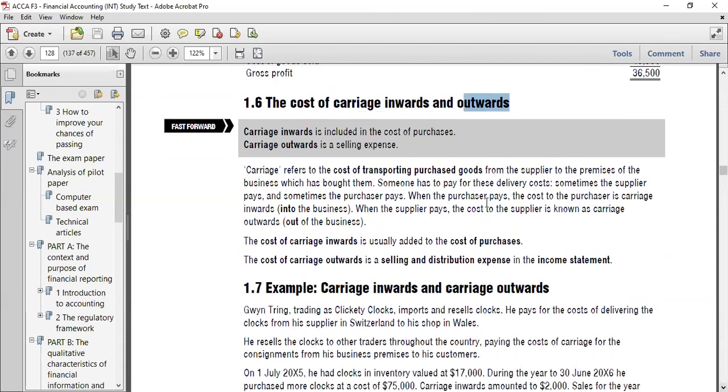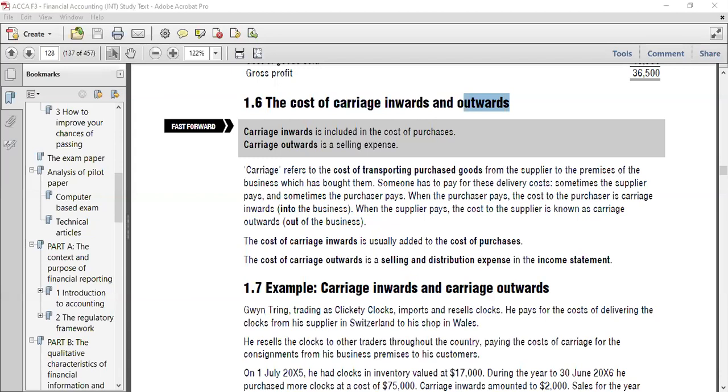The reason why they bring in carriage inwards and carriage outwards, as you can see even from our syllabus, is that the examiner expects you to have a greater understanding of how carriage inwards and carriage outwards work. So it's not by mistake that you see such coming in.